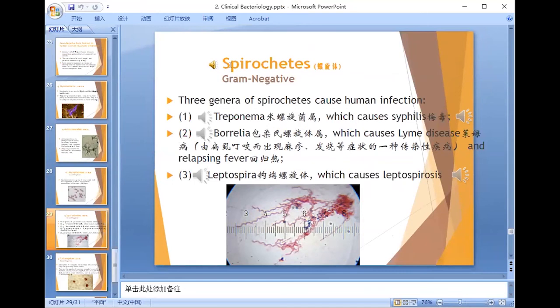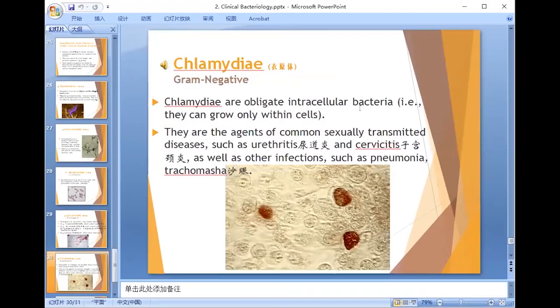And finally, we go to some bacteria, the special kind of spirochetes. They usually belong to gram-negative. We have different kinds that cause different illnesses. And another small group, gram-negative.